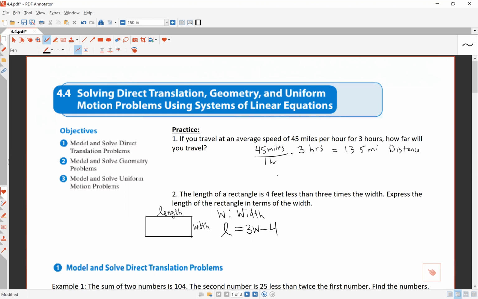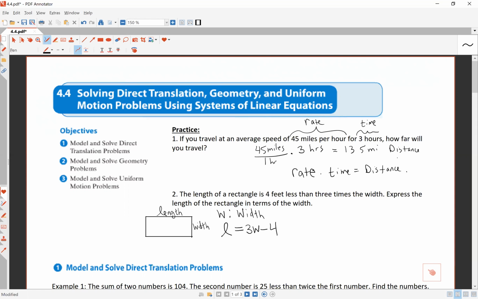miles. And so we call the 45 miles per hour a rate. The hours, we call that a time. So the formula that we just discovered is the rate times time equals distance. D equals RT or RT equals D. It is this formula that we use for all of our uniform motion problems.